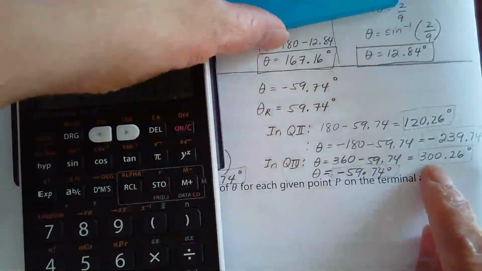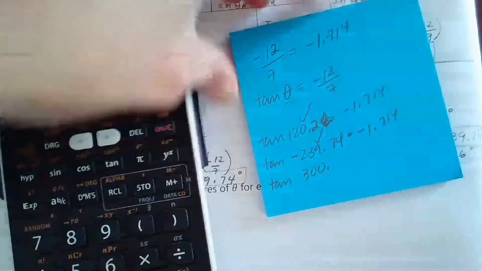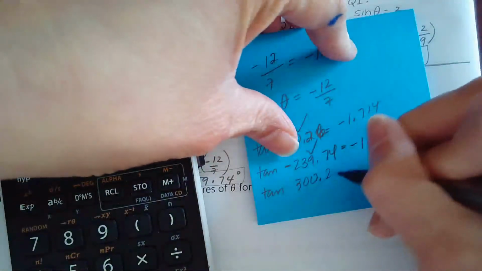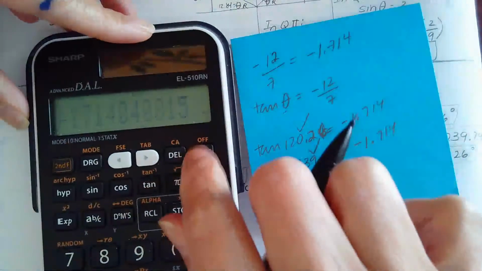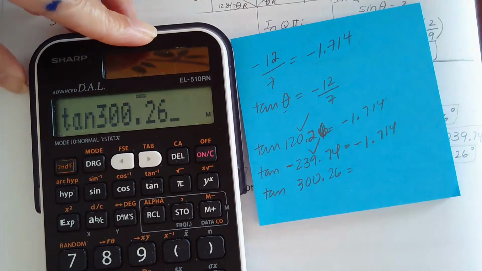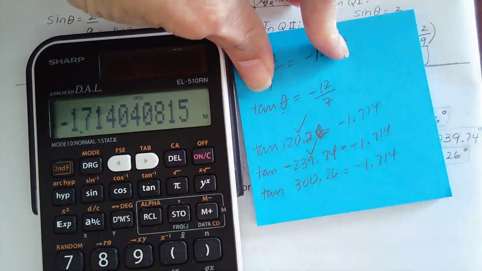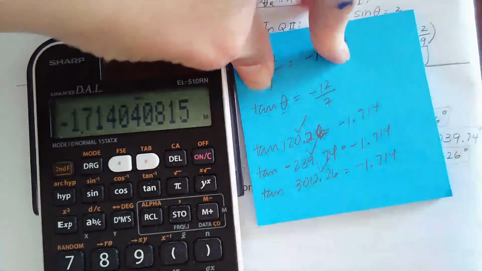What about 300.26? Tan 300.26. Yeah, I got negative 1.714 again. So that one's correct.